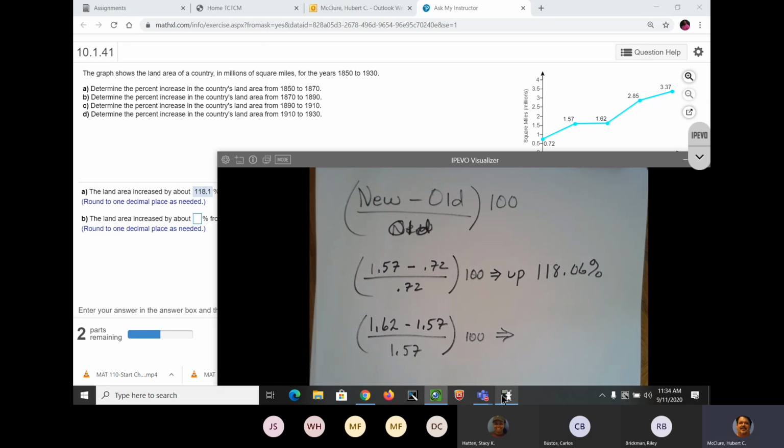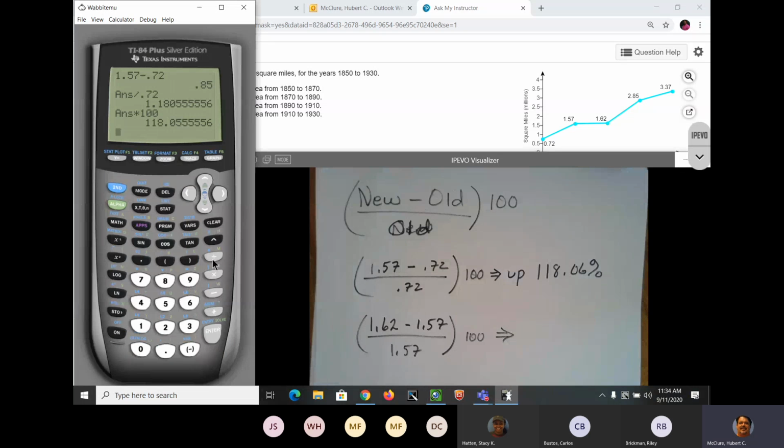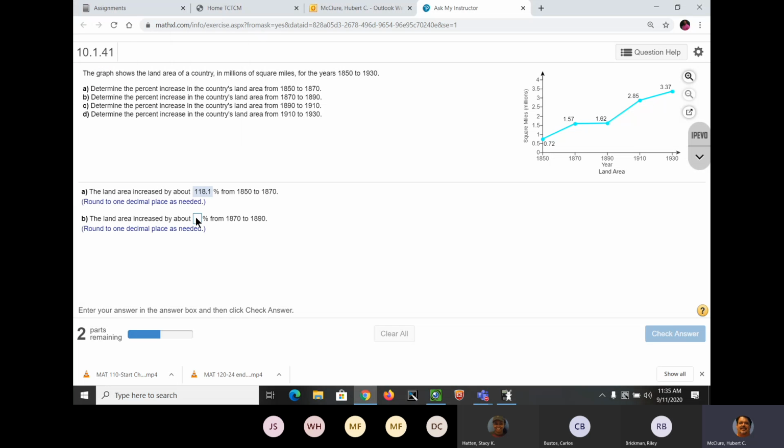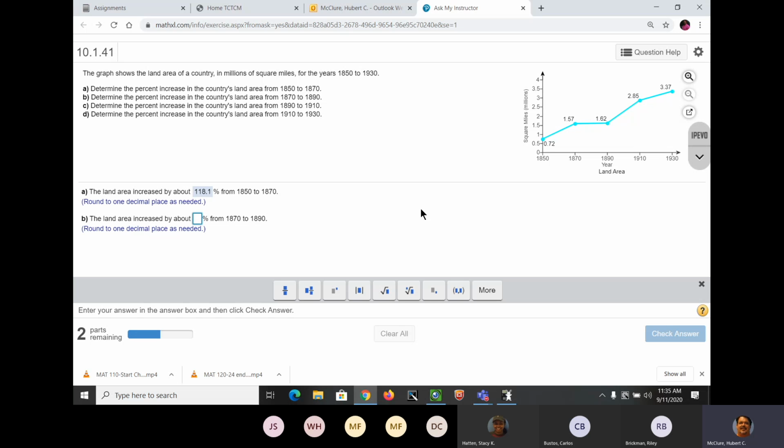Take our handy dandy calculator. 1.62 minus 1.57 divided by 1.57 times 100. And you're welcome to move the decimal if you just want to move the decimal. 3.185. Again, it's positive, so that means it's going up. Round to 1 decimal place, that would be 3.2.